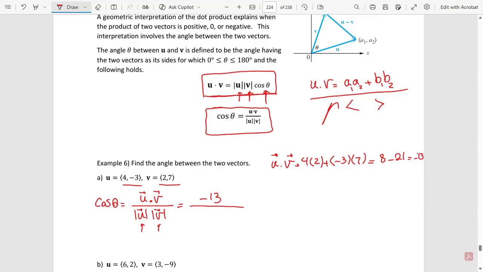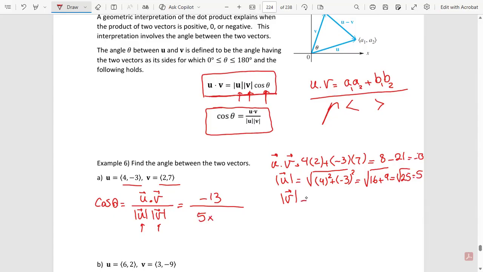We also need to find the magnitude of each vector, the magnitude of vector u and the magnitude of vector v. For finding magnitude, we use the square root formula, which is the square root of a squared plus b squared. A squared means 16, b squared means 9, 16 plus 9 is 25, and the square root of 25 is just 5.